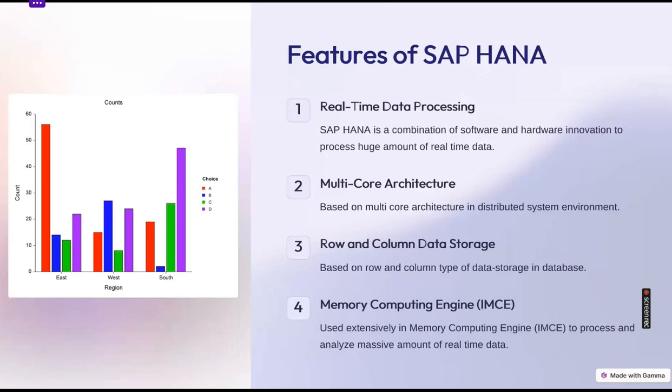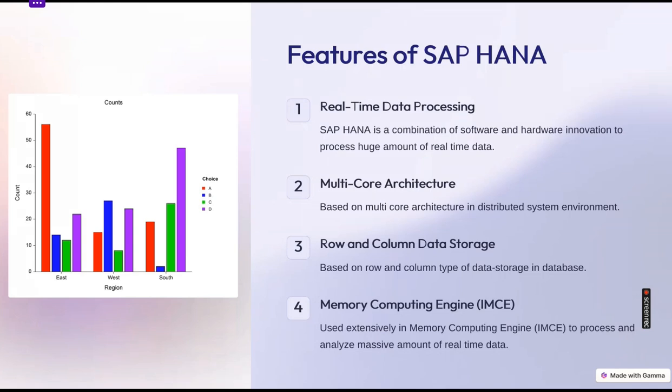Now, you guys might have gone through other types of database architectures and their functionality. So there are basically two types of databases. One is the RDBMS, relational database, and another one is the row and column in-memory database.